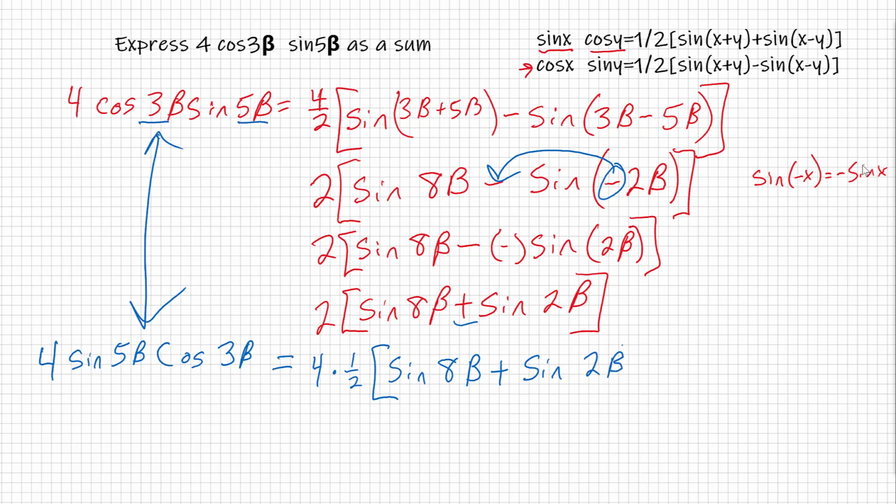That gives us sine of 2 beta. So we could use either way. It just depends on which of our angles is larger than the other. And either way it's going to come out in the wash, because both times we ended up with 2 times the quantity sine 8 beta plus sine 2 beta.